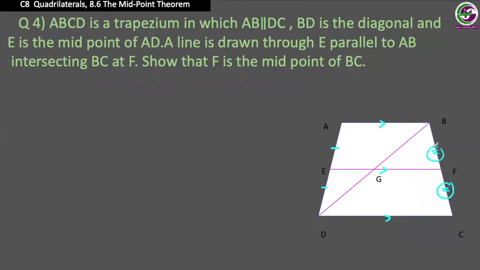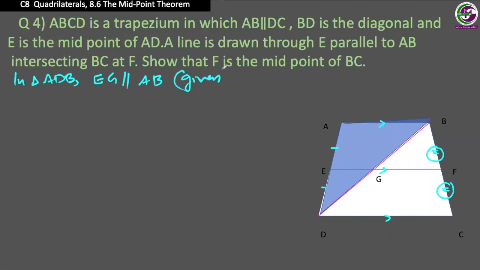For that, again, we have to apply midpoint theorem in the triangle ADB. We can see that EG is parallel to AB, given, and E is the midpoint.